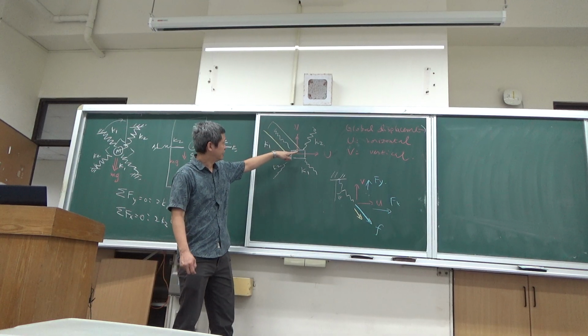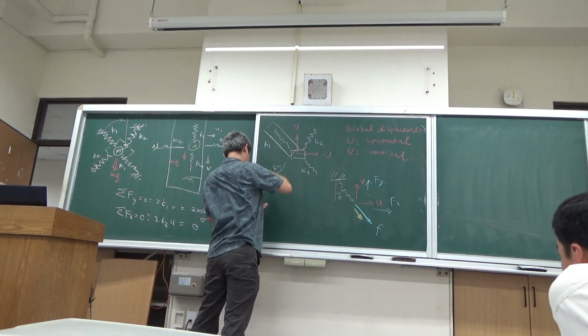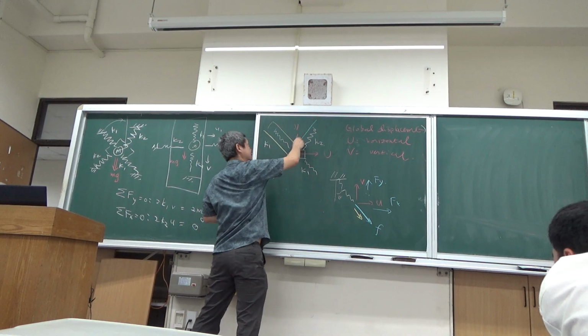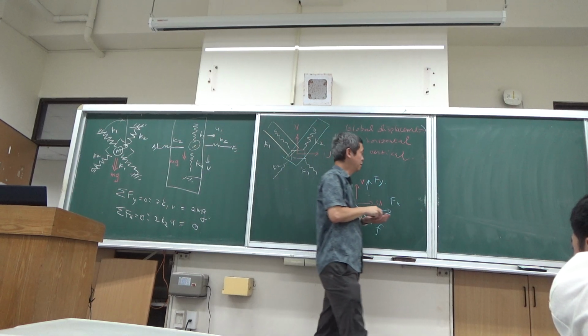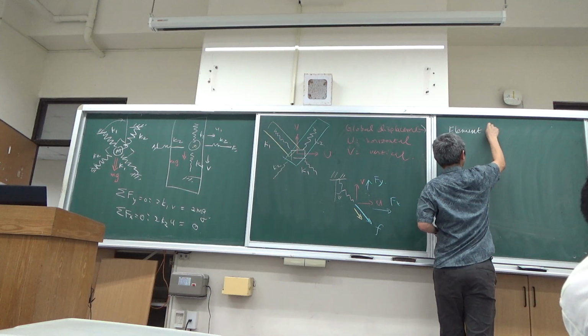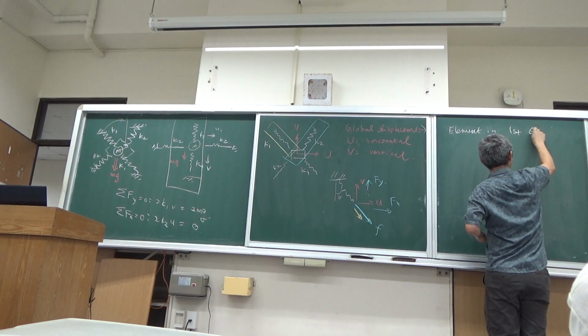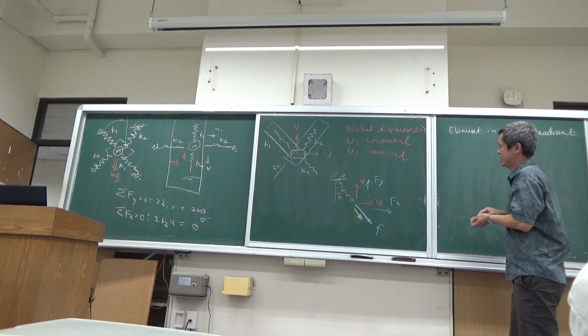So let me take another element, which is this element. Okay, this element is the one in the first quadrant. This is very good. Why?